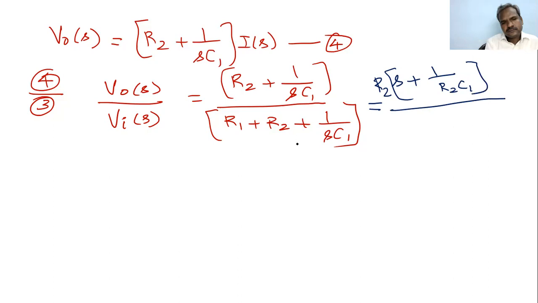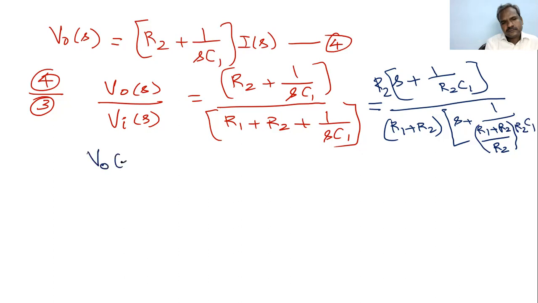Similarly, taking R1 plus R2 as a common term in the denominator, it becomes S plus 1 by R1 plus R2 divided by R2, times C1.